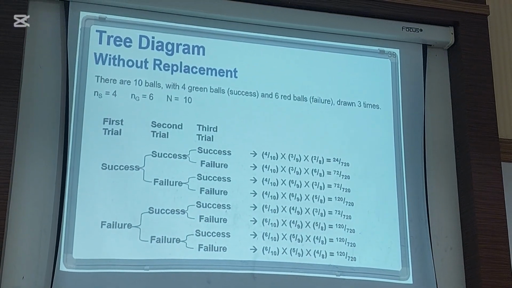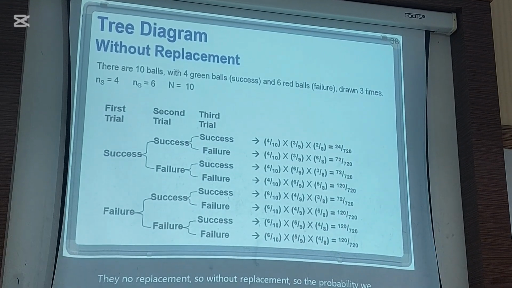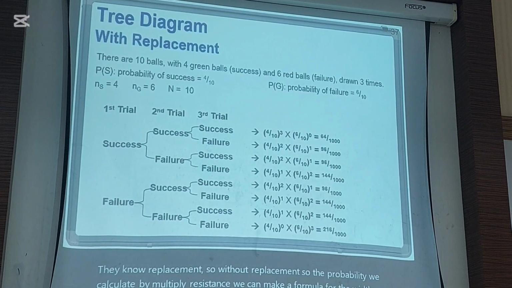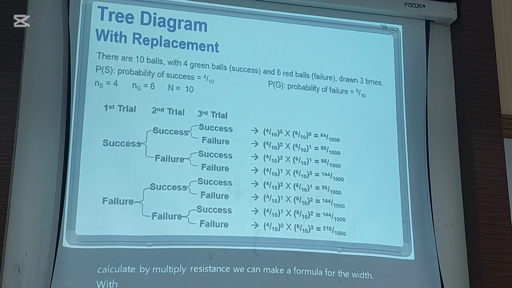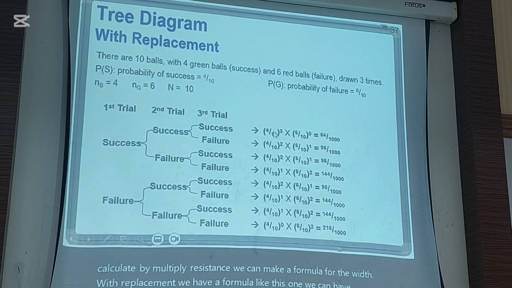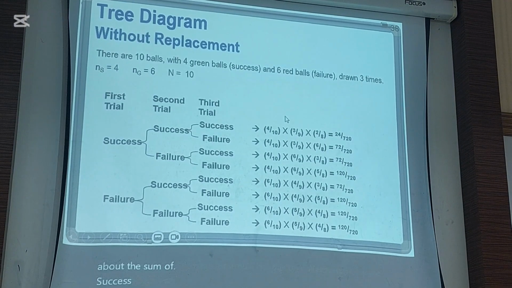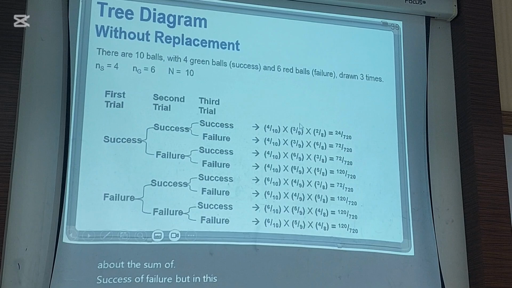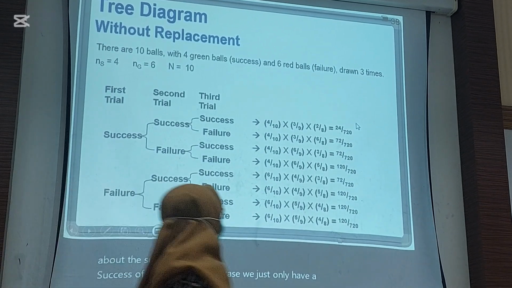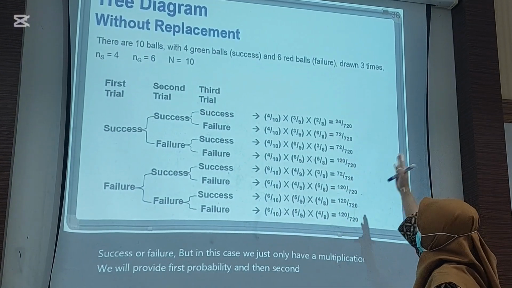The probability is calculated by multiplying. We can make a formula for the case with replacement, but in this case we just have a multiplication. We multiply the first probability, the second probability, and the third probability.